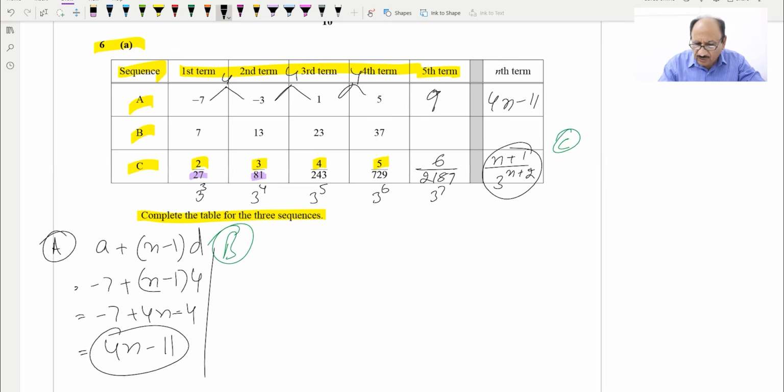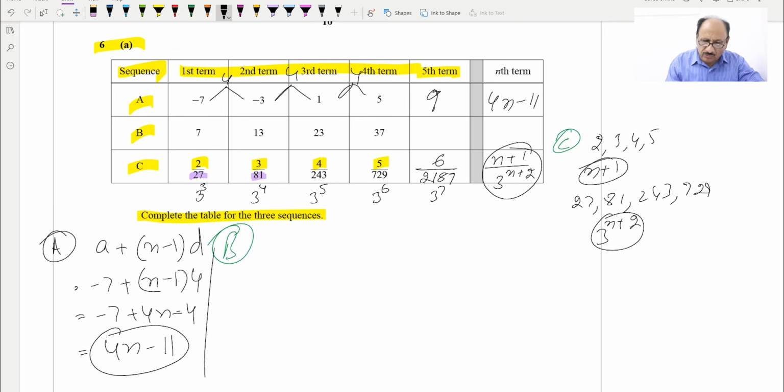What we have done, if I explain it here: 2, 3, 4, 5 will be n plus 1, and for the denominator 27, 81, 243 and 729, we are writing 3 raised to n plus 2. Now A and C we have done.